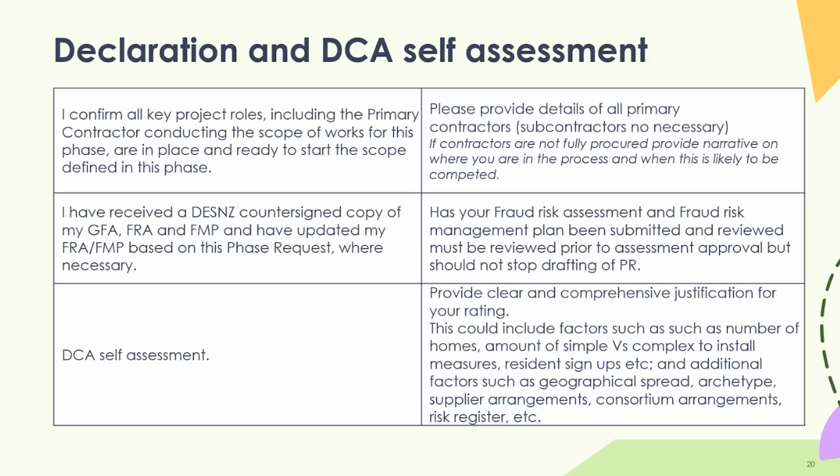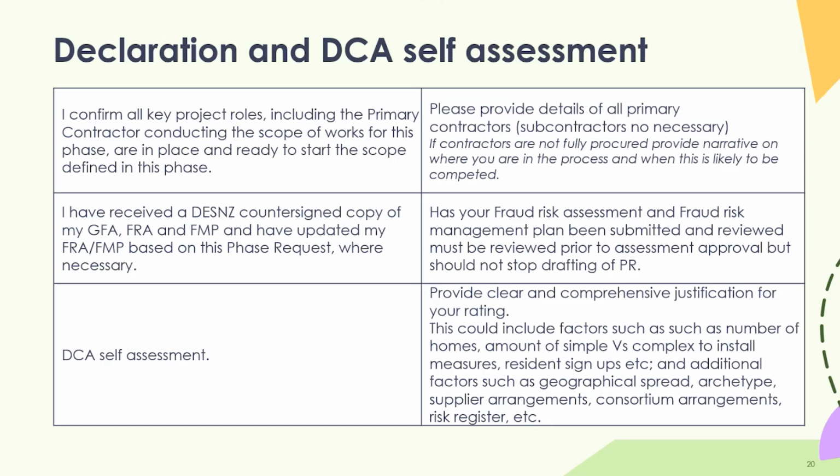We don't need to see subcontractors, etc. Or if you're not at that point yet, there'd probably be very few if you're submitting a phase. But again, justification as to why that is, and also when you expect to start the phase, that a contractor will be in place. So again, make sure you've got justification there to showcase that.